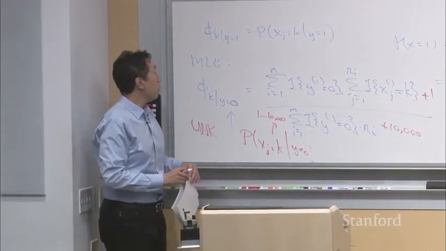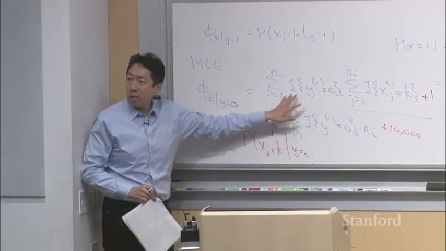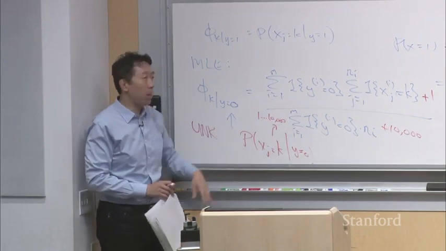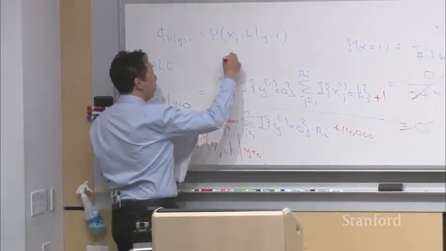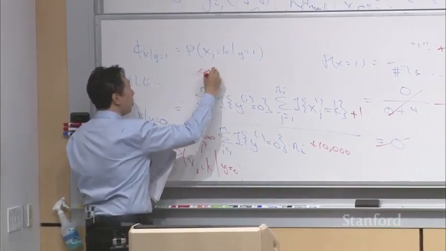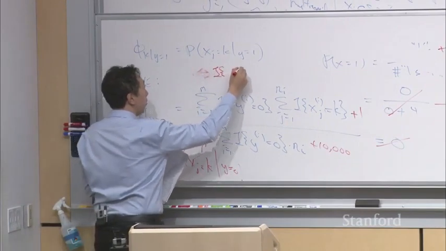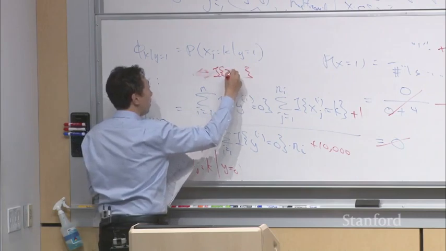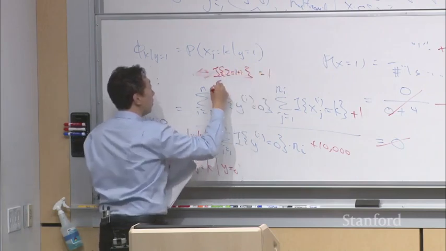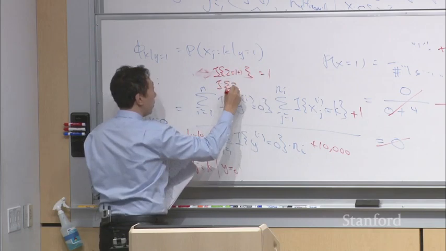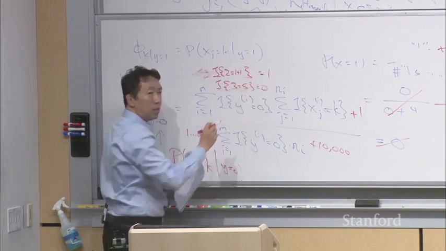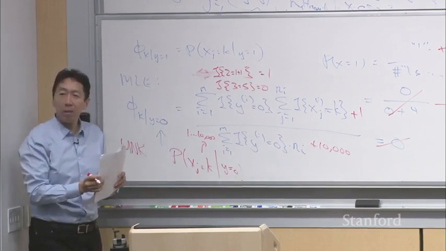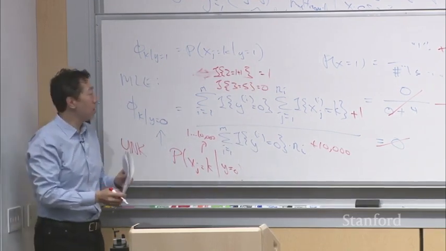How do you write the 1 before the curly bracket? Oh, this is indicator function notation. So the indicator of 2 equals 1 plus 1 is true, and the indicator of 3 equals 5 is 0, false.